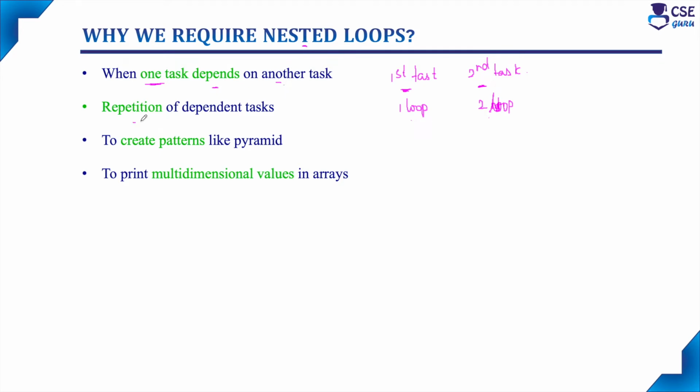Similarly, repetition of dependent tasks. If the first task and the second task are dependent, for example, the first task is the roll number of a student and the second task is to print the marks, those two are dependent tasks. The corresponding roll number should be printed and his mark should be printed. These dependent tasks we want to execute repeatedly.